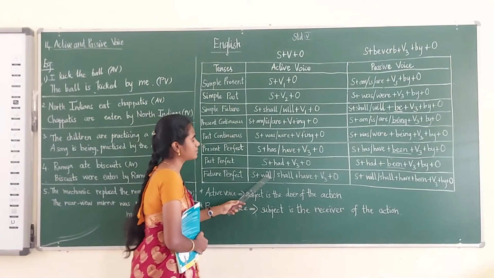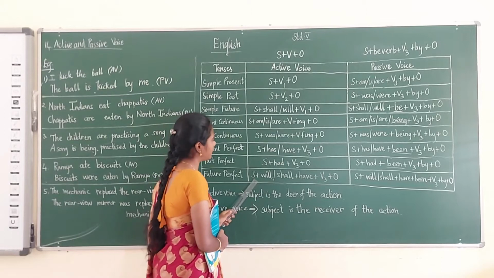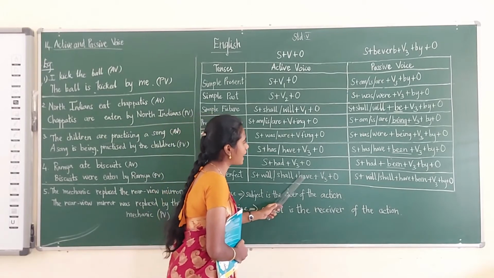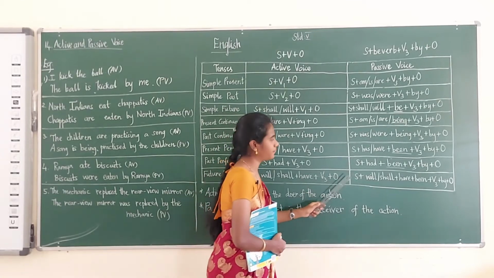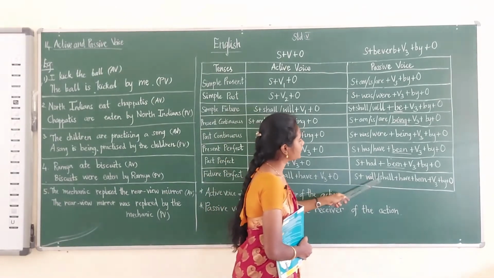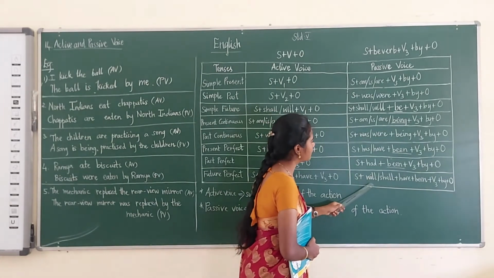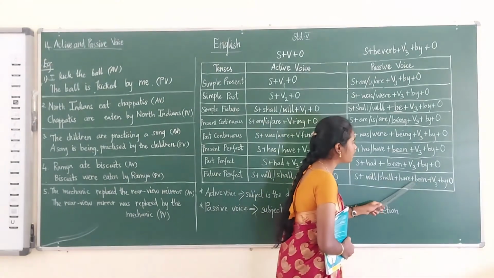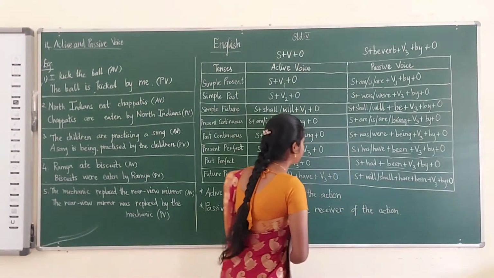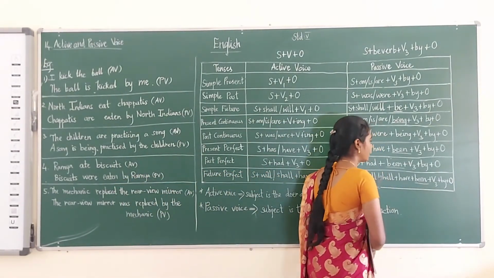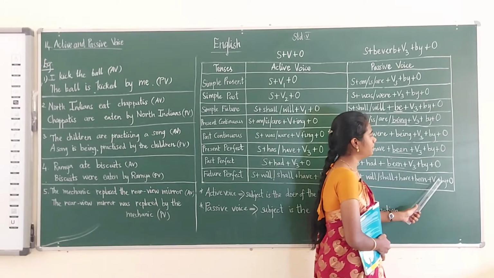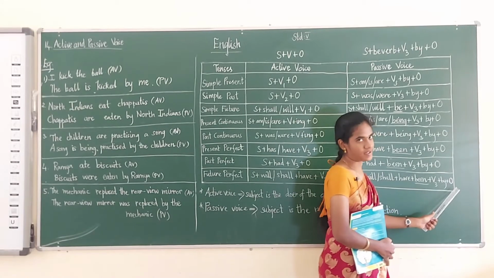The structure in active voice is subject plus will or shall plus have plus past participle plus object. How do we write it in the passive form? That is subject plus will or shall plus have plus been, because it is perfect, so I have to include been, plus past participle plus by plus object.